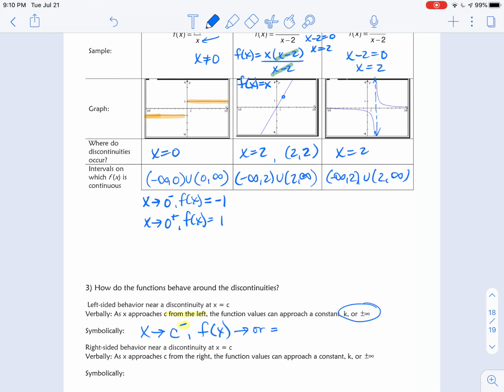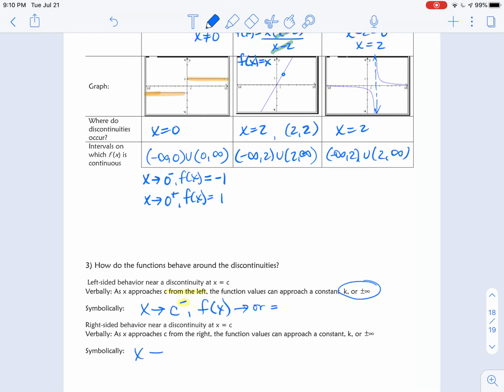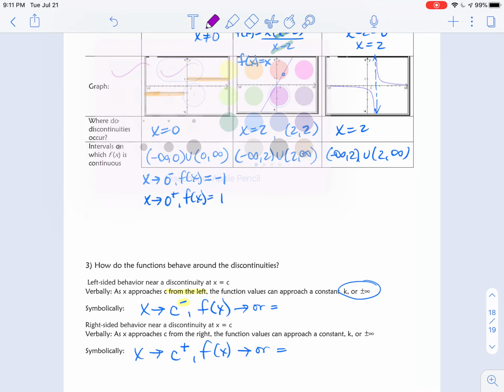It can either approach or equal a value, or it will approach positive or negative infinity. Just depends. All right, let me continue at the bottom. And then from the right, as x approaches some value from the right, the function can either approach or equal a value or positive or negative infinity.